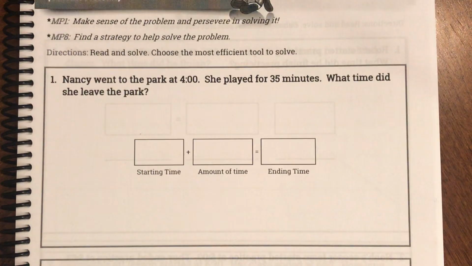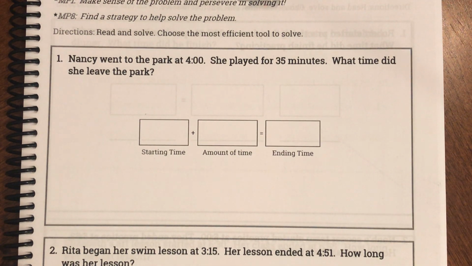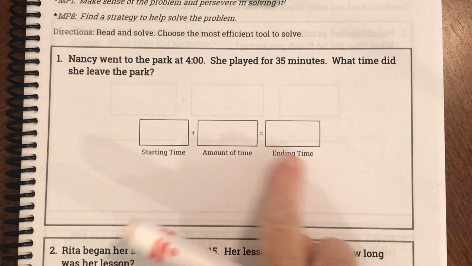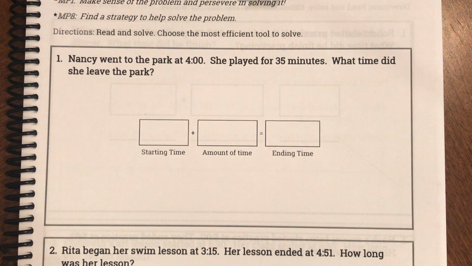I'm going to show you my first problem. My first problem says, Nancy went to the park at 4 o'clock. She played for 35 minutes. What time did she leave the park? And then they've already helped me a little bit by giving me times here. So what was her starting time?